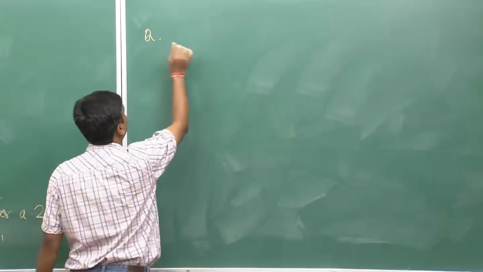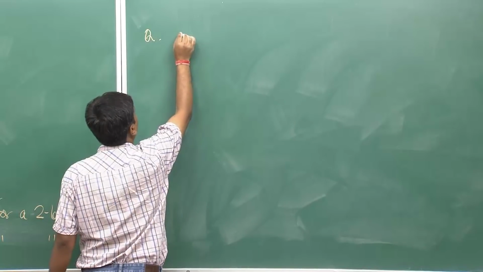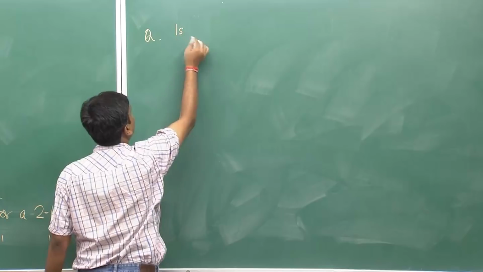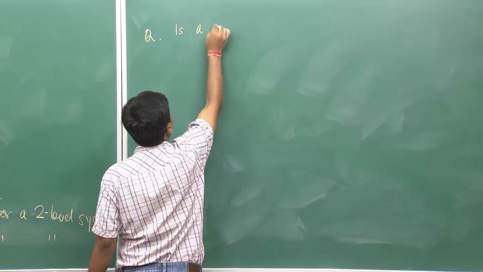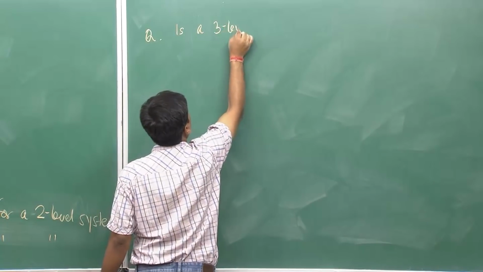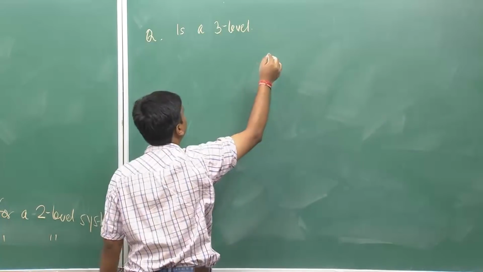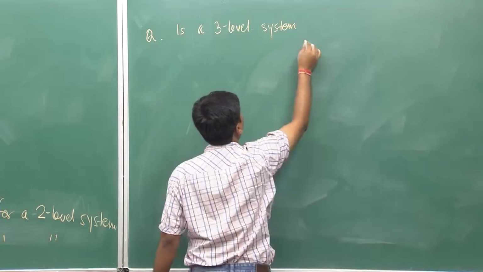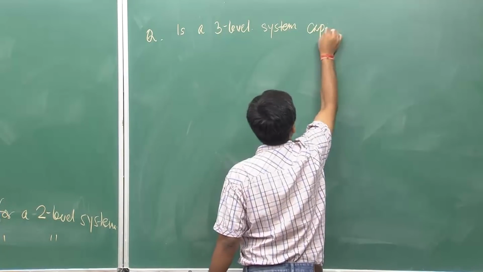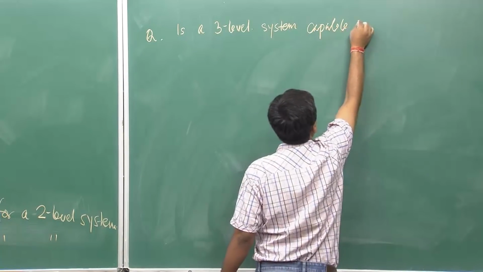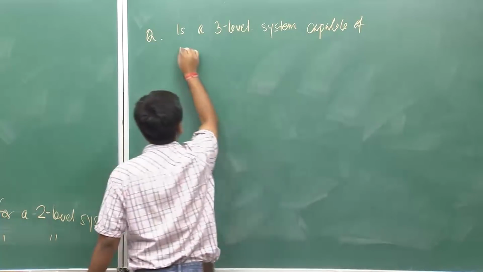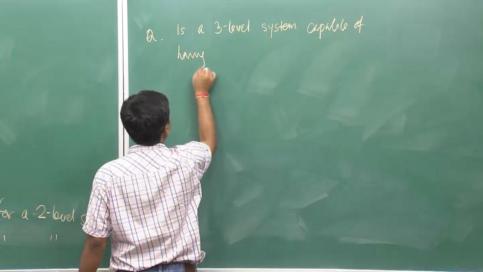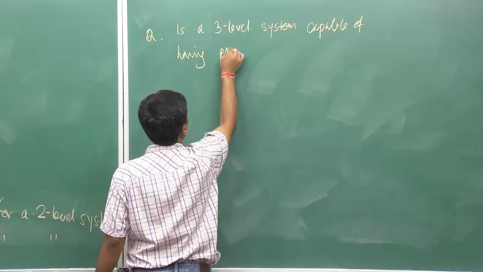Now, is a three level system capable of having population inversion?